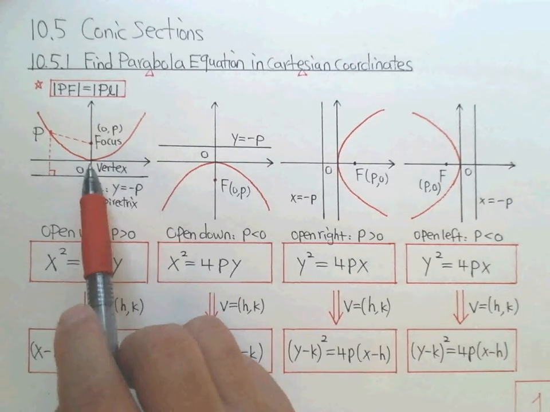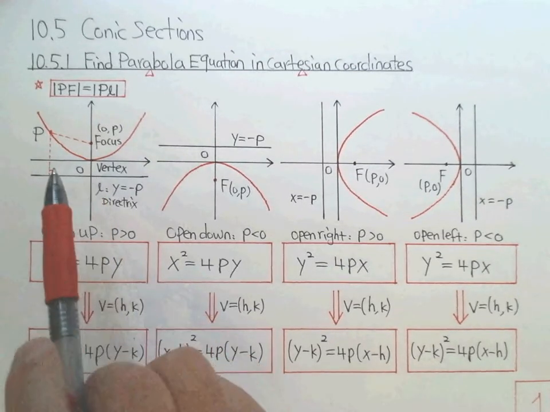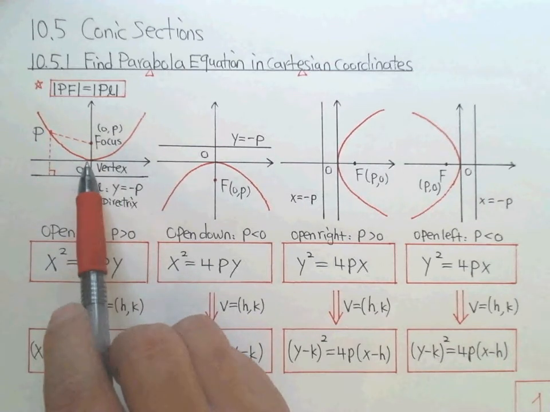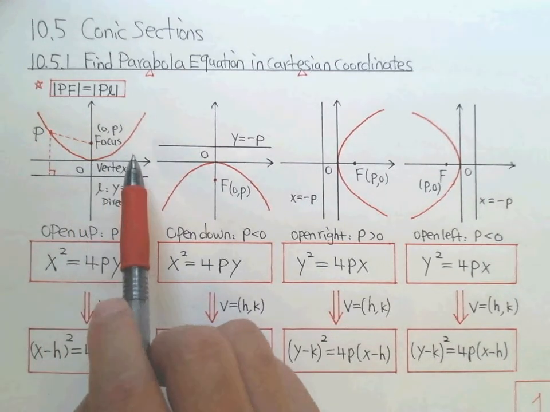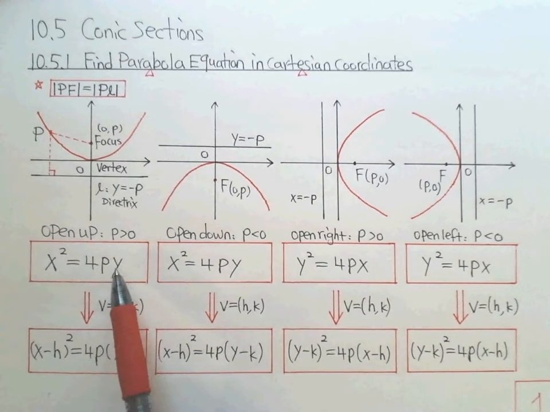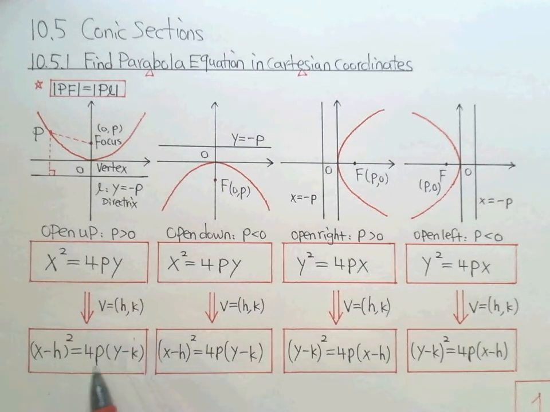If we shift the vertex to some other point, say (h, k), how about the new standard equation? We just replace x by x minus h and replace y by y minus k. Here h is for x and k is for y. So this is the general standard equation.